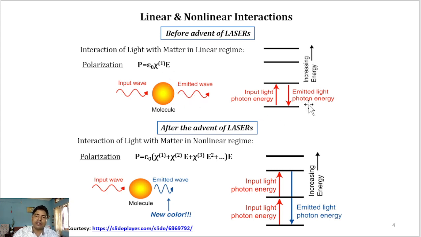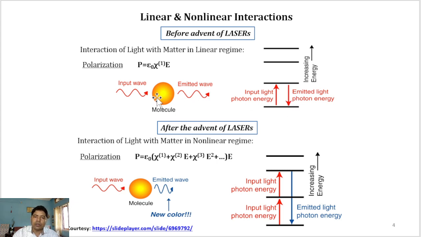So here we see that this light is only able to excite to the first excited level, and this is the input photon energy, and when it is emitted, the emitted photon energy is the same.